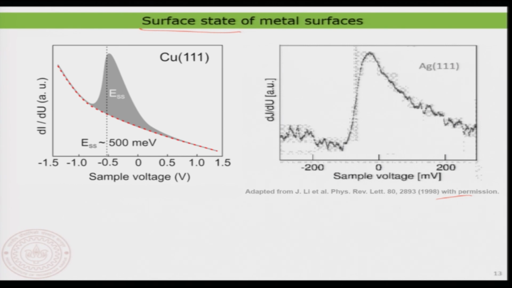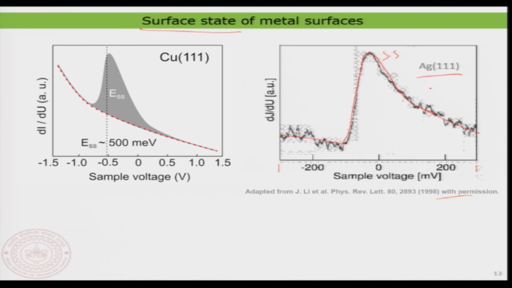So, that is typically how it looks for the copper, and now the silver is also measured here, the Ag111 surface. There again the window of voltage is a little bit smaller, and you see it looks more or less flat, but the only thing that you see in this case again is the surface state of the silver 111 surface.